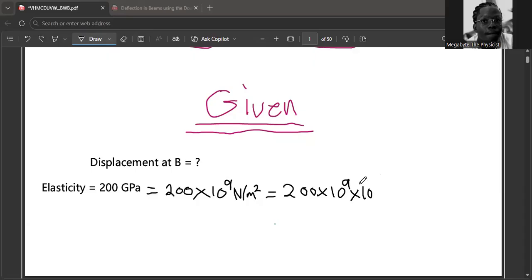In other words, 200 gigapascal is the same as 200 kilonewton per millimeter squared, so we can just write it as 200 times 10 exponent 3 Newton per millimeter squared.